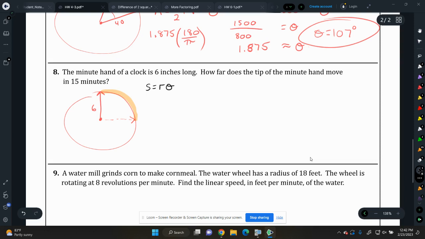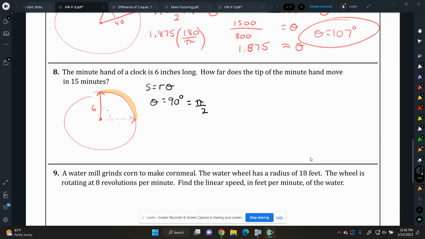How about theta? We've got 15 minutes. How many degrees does it move in 15 minutes? 90 degrees. So theta is 90 degrees, which is how many radians? Pi over 2 radians.